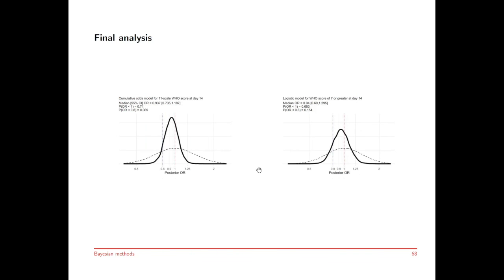And this was the final posterior probability for the cumulative model and for the logistic model. Again, what we are interested in is this posterior probability and that posterior probability, which was unfortunately not big enough to conclude that convalescent plasma was useful.